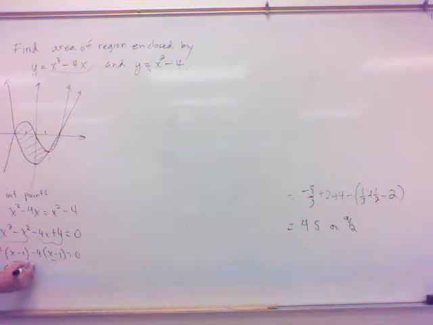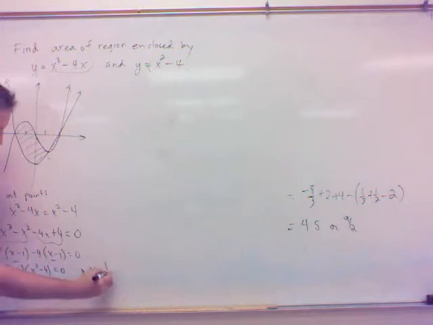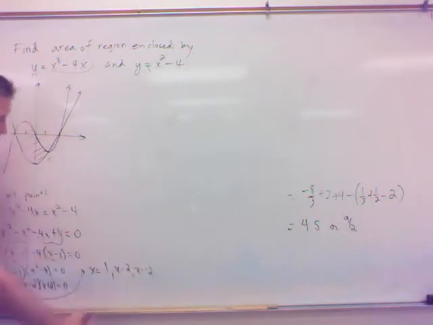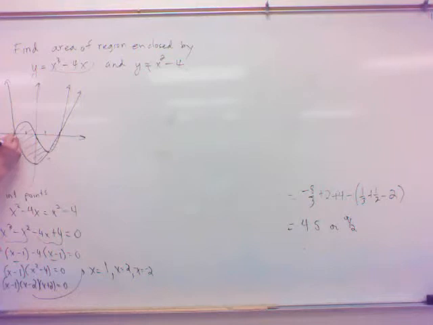That leaves me x squared minus 4, which just so happens to factor as x minus 2, x plus 2, which, yeah, those intersection points would be 1 and 2 and negative 2. Okay, so that's what they are. Negative 2, 1, and 2. Those are the intersection points.